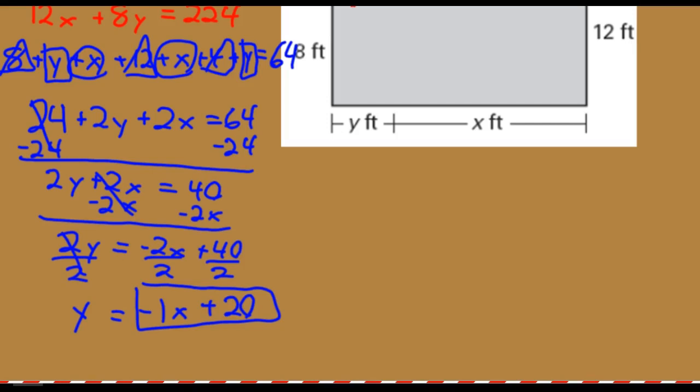So now we're going to have 12x plus 8 times negative 1x plus 20 equals 224.